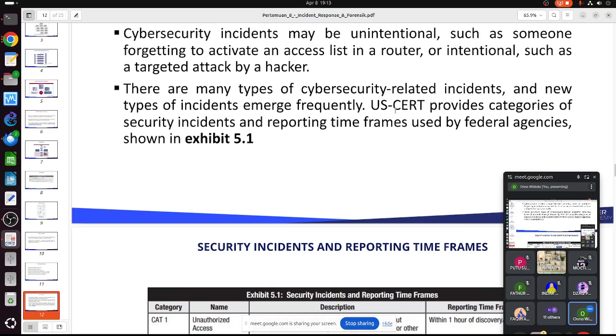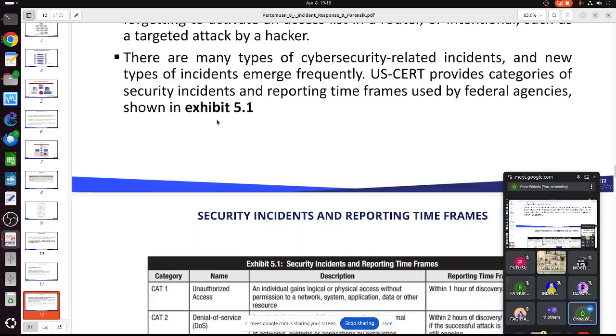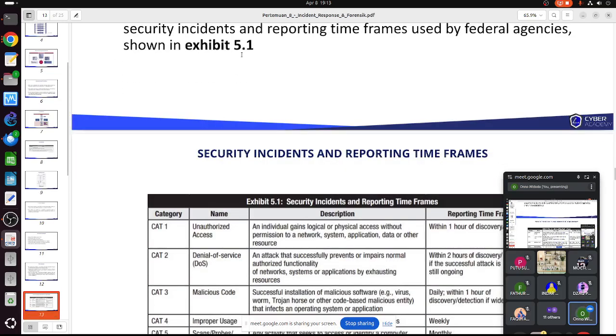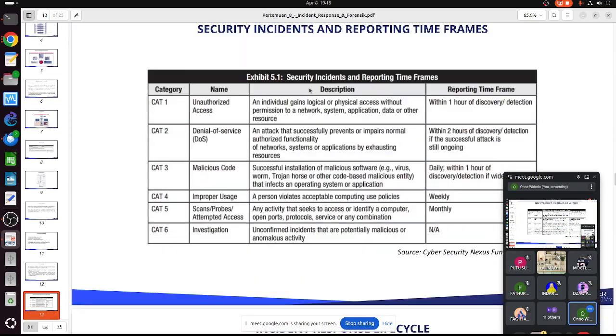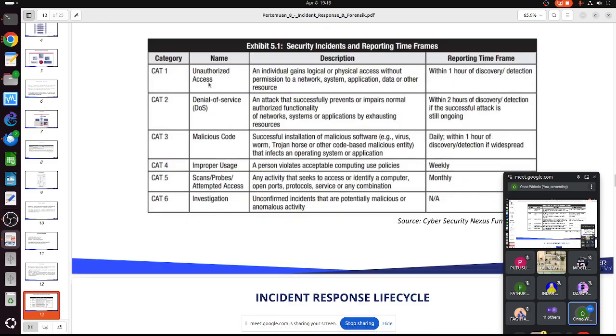US CERT, CERT means Computer Emergency Response Team, provides categories of incidents in Exhibit 5.1. Okay, this is Exhibit 5.1. Unauthorized access, denial of service, miscellaneous code, improper usage, scans/probes/attempted access, investigation.